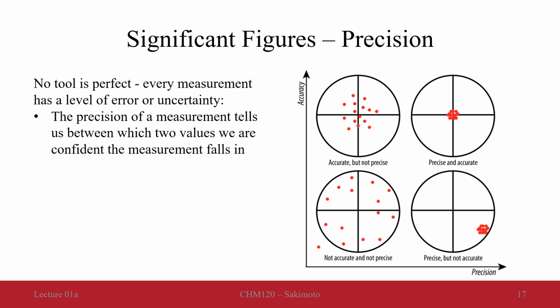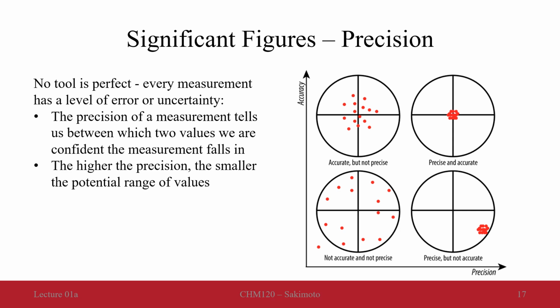This is an imprecise measurement, compared to the ones on the right, which are all clustered very closely together. There's a very small spread, a very small range of where these shots have landed, being much more precise. The higher the precision, the smaller the potential range of values, or the more tightly clustered each of those numbers are.